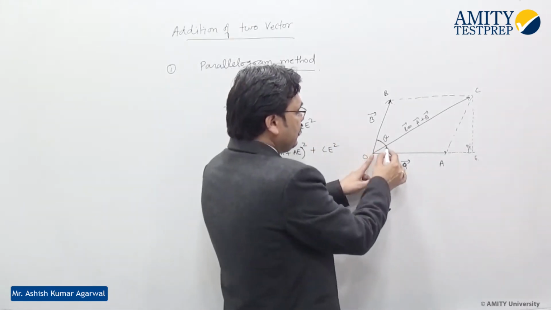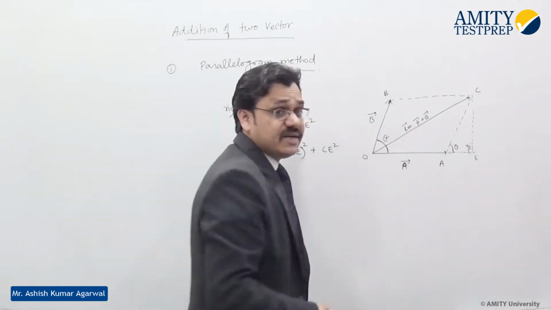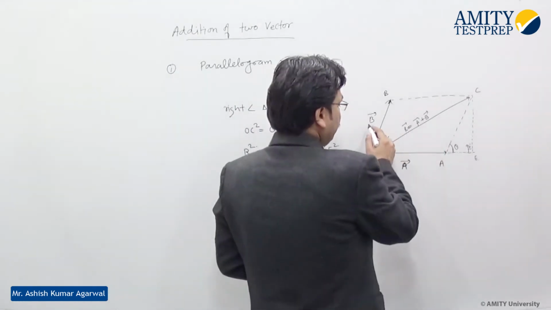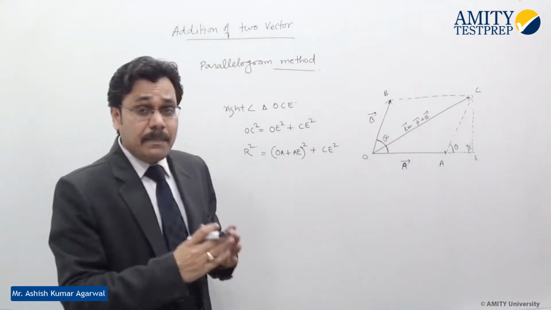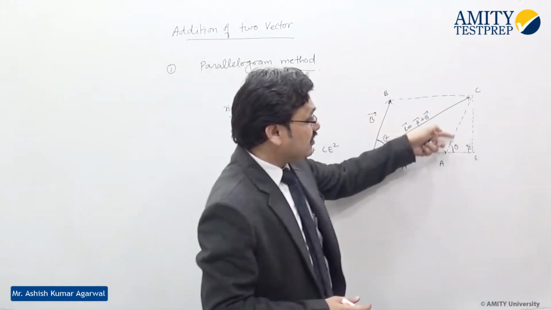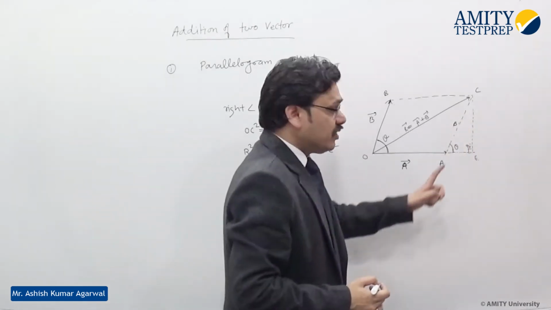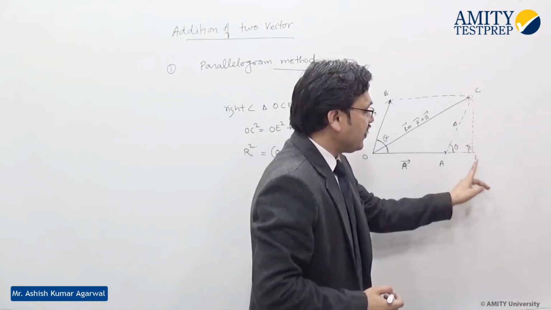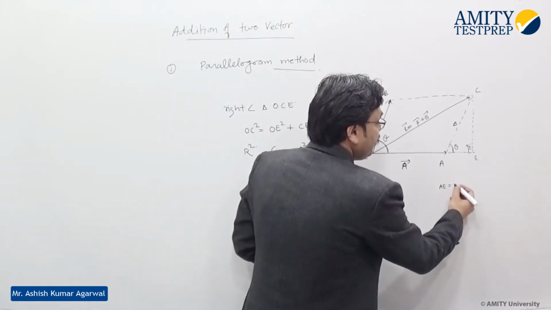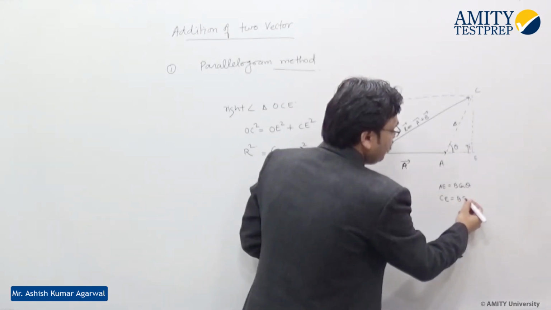If this angle is theta, it should be theta here, because OB and AC are two parallel lines, so these are the same angle. In a parallelogram the opposite sides have the same magnitude, so vector OB is the same as vector AC, and its magnitude is also B. So if I take triangle ACE, I can say AE equals B cos theta and CE equals B sin theta.